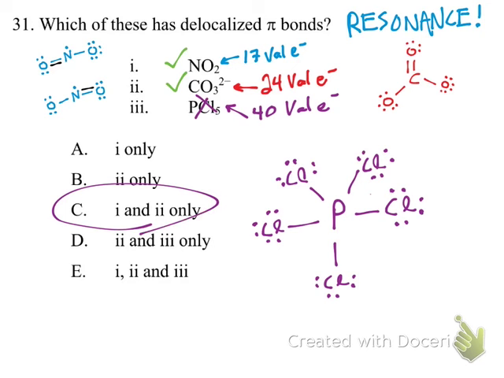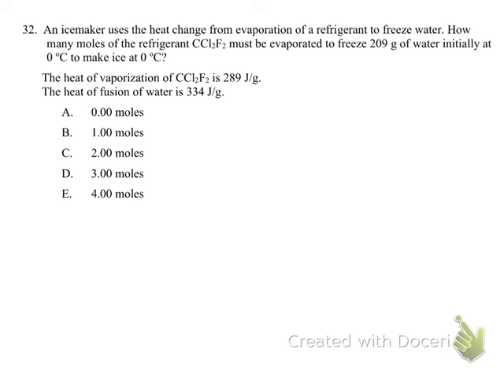So this problem is about heat exchange. And we have a refrigerant, this chlorofluorocarbon, CCl2F2, and we're evaporating it to freeze water, 209 grams of water. And we're given the heat of vaporization of this chlorofluorocarbon, and we're given the heat of fusion of this water.